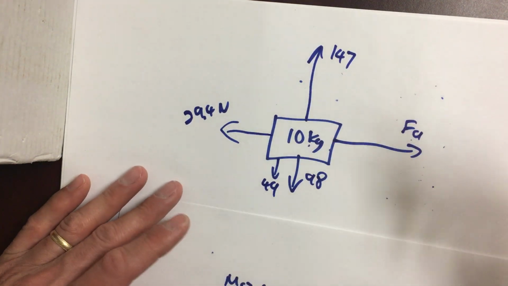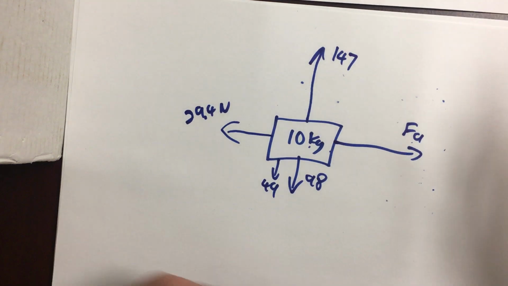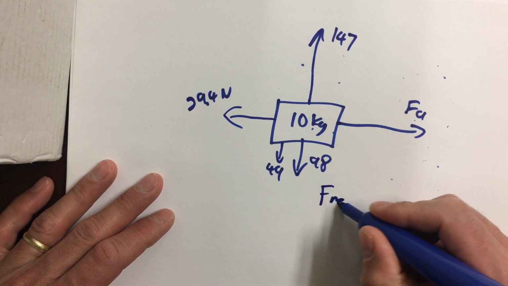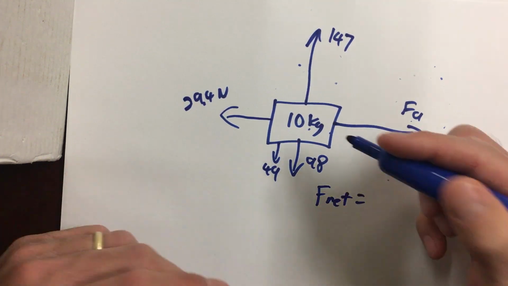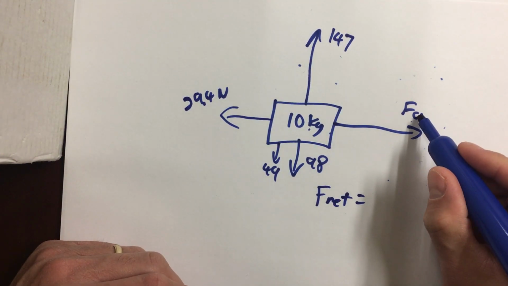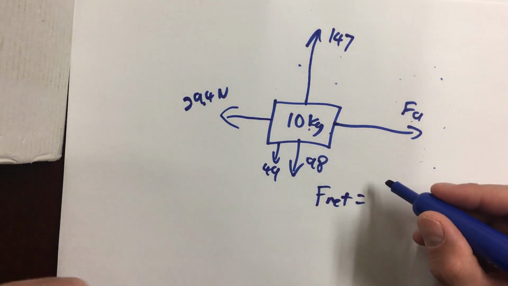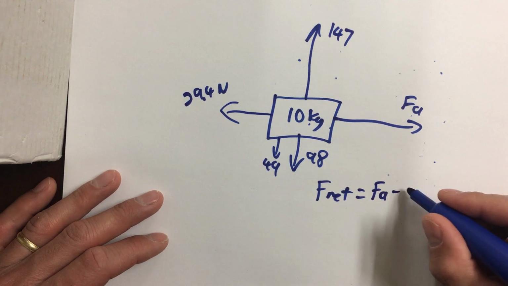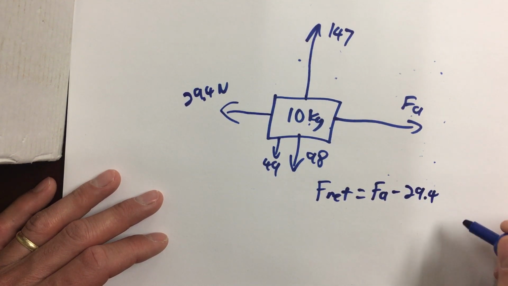This vertical component of force is the same as the previous question. What is our net force? Our net force is what's left over when all these forces cancel each other out. Our net force is the applied force minus the force of friction in this case. So it is my unknown applied force minus 29.4.